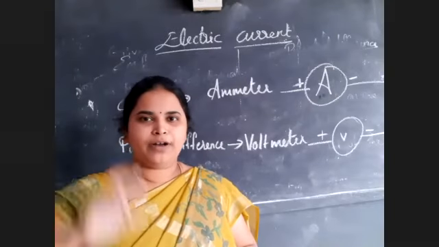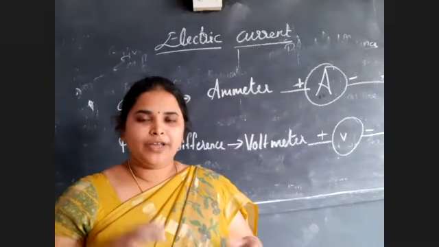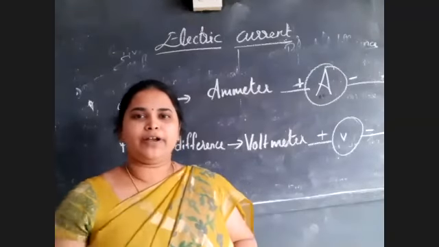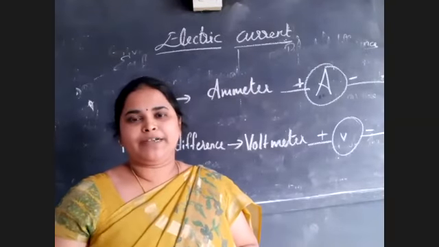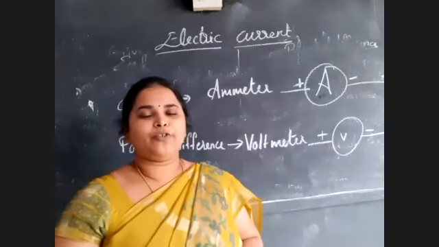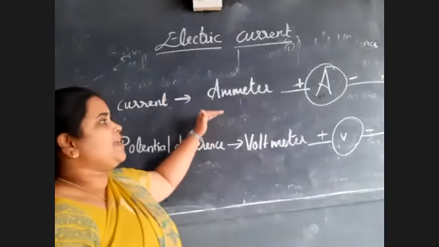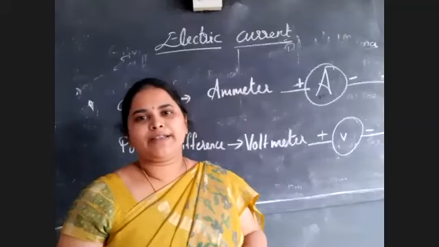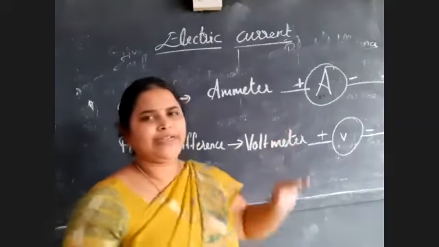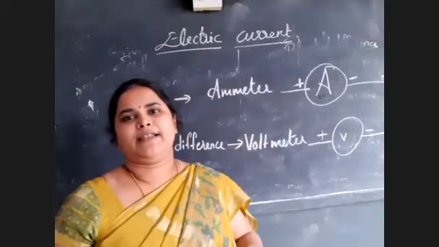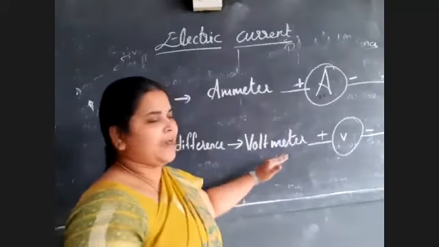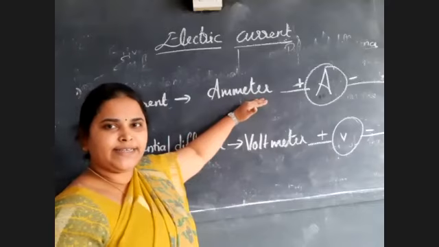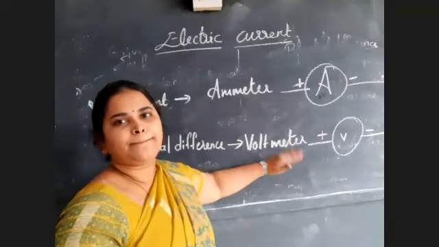At the time of examination, you may not suddenly remember it, and this is the easiest way to remember it. Ammeter is always connected in series with the components of the electric circuit, and voltmeter is always connected in parallel. Ammeter is connected in series, voltmeter is connected in parallel.